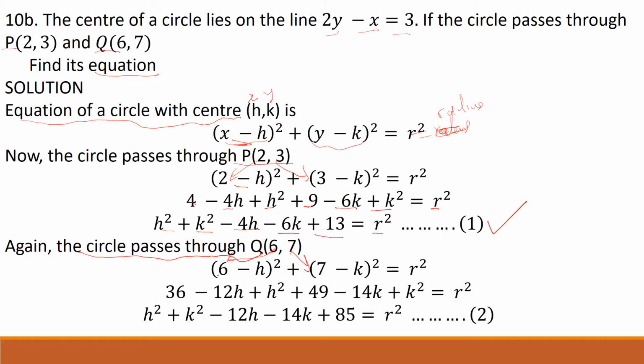We substituted in the original equation here, and we have (6 minus h) squared plus (7 minus k) squared equals r squared. So we have 36 minus 12h plus h squared, plus 49 for the second bracket, minus 14k plus k squared, all equals r squared. So that is h squared plus k squared minus 12h minus 14k plus 85 equals r squared for our second equation.